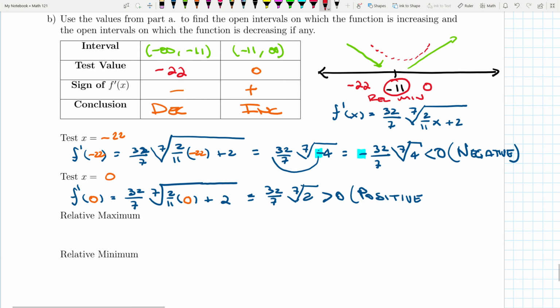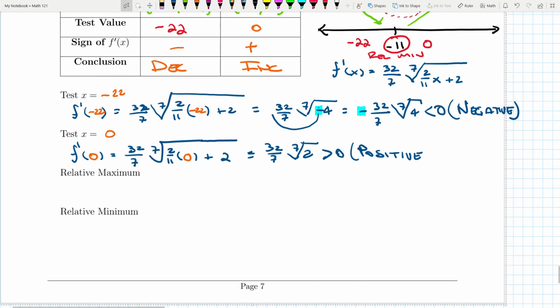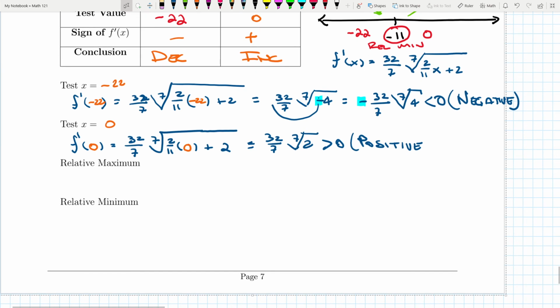And this relative minimum, we will evaluate it back in the original function. Relative maximum, not applicable because we didn't get any maximum over here.